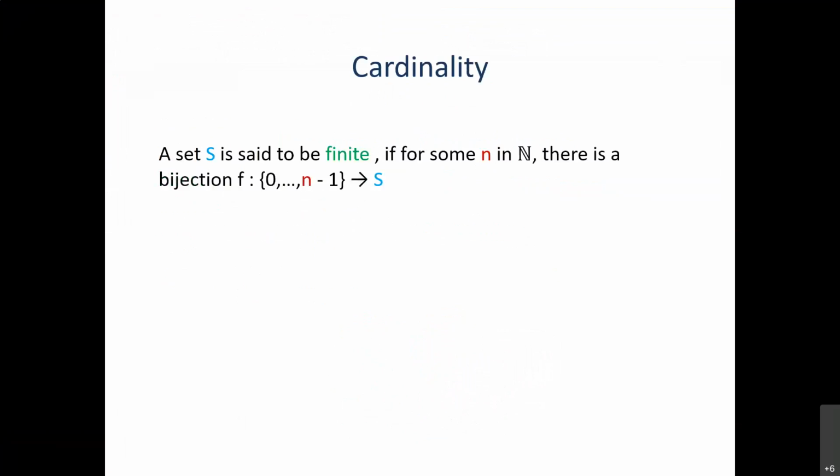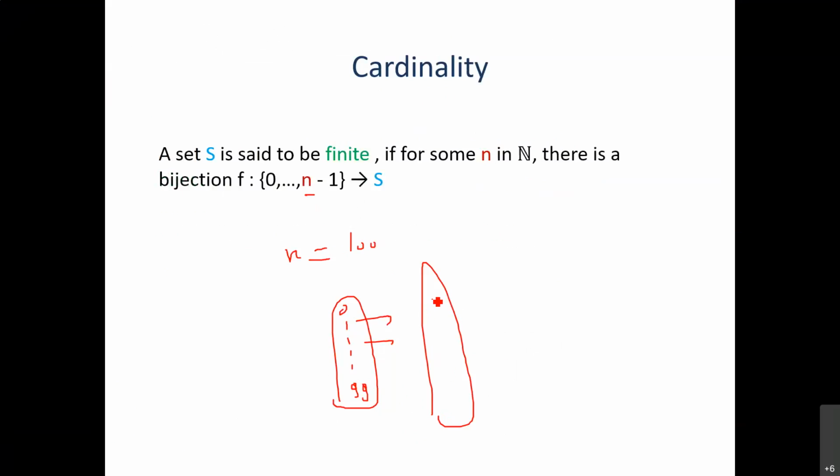First of all, you already know that normally what's finite is you have a bijection from a set to another set, but n is something finite. Like, say you let n be 100, then you can find a bijection from 0, 1, 2 till 99 to the set that you're working on. This is just what finite means: your set has a finite number of elements.